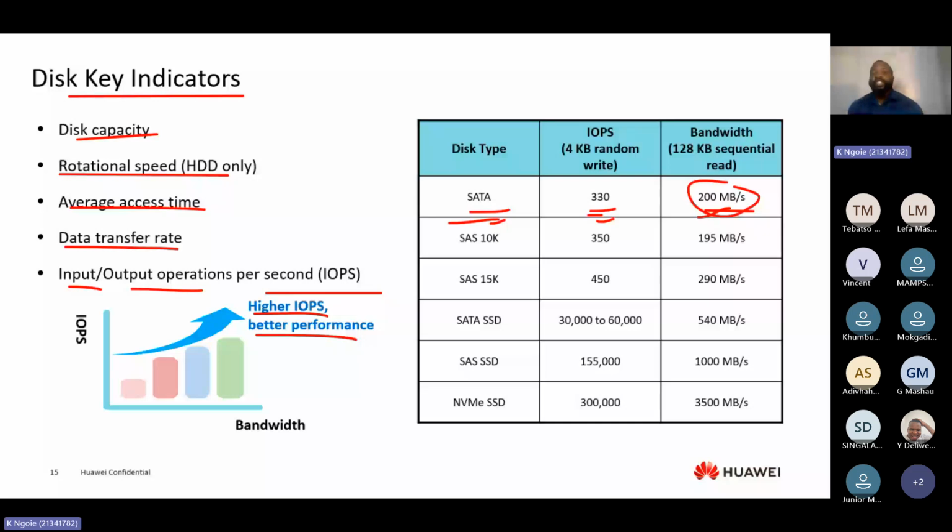You're not going to tell me you can't see that. Can anybody read what that number is? Oh, it's 200 megabytes per second. Okay, so we have 200 megabytes per second, right?